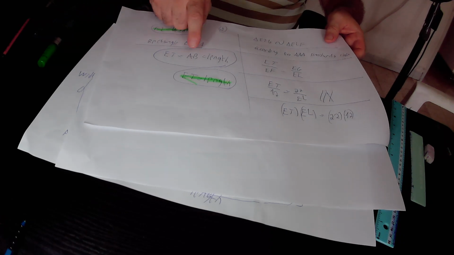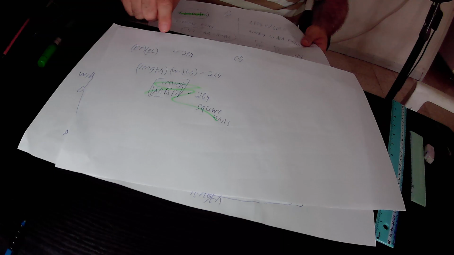But we have already found out that ET is the length, and EL is the width of rectangle ABCD. Therefore, we substitute EL by the width and ET by the length. Again, ET is the length and EL is the width.